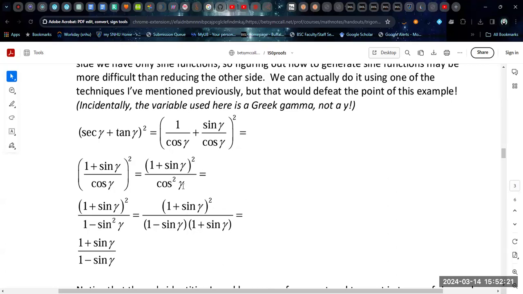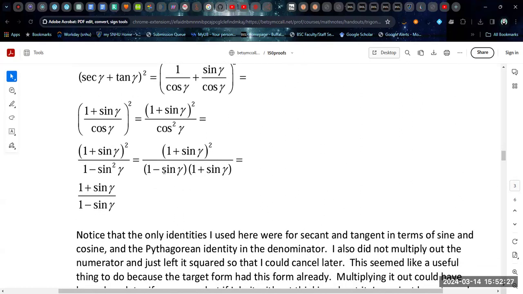We're going to convert our cosine squared gamma into 1 minus sine squared. And then we're going to factor the difference of squares as 1 minus sine gamma and 1 plus sine gamma. We now can cancel one of our 1 plus sine gammas, and we are left with one copy of 1 plus sine gamma, and one copy of 1 minus sine gamma.